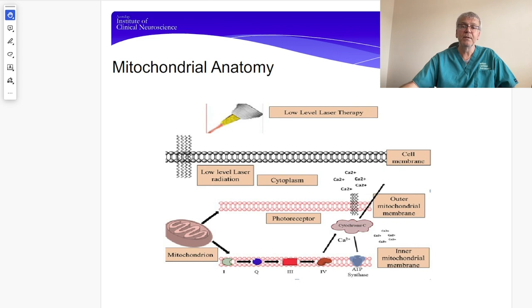What happens is the cytochrome C picks up the light that's coming in, and it causes activation, which allows calcium to be released and interact in this cytochrome chain. This is where ATP is produced, in the inner membrane of the mitochondria. Then that ATP will be shipped out of the mitochondria into the cell, where it can be used to do different functions.